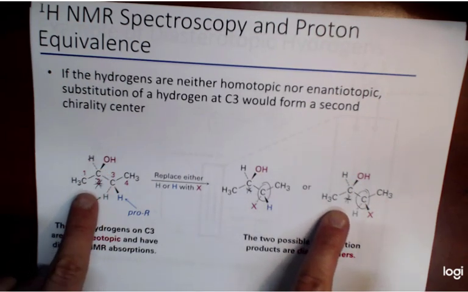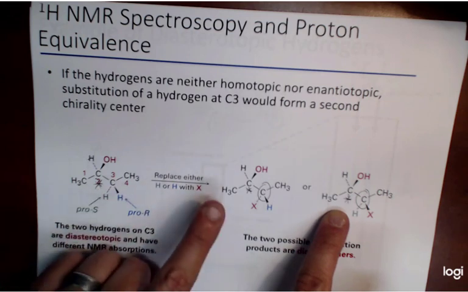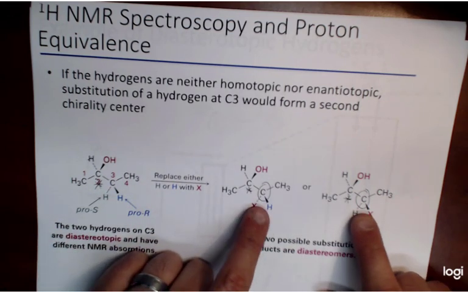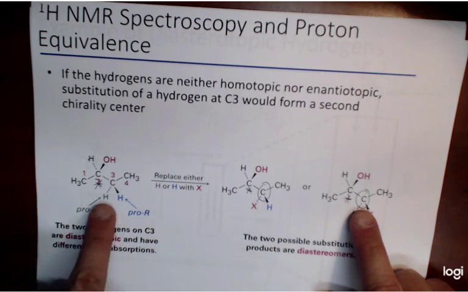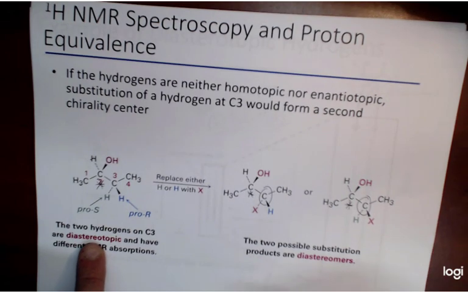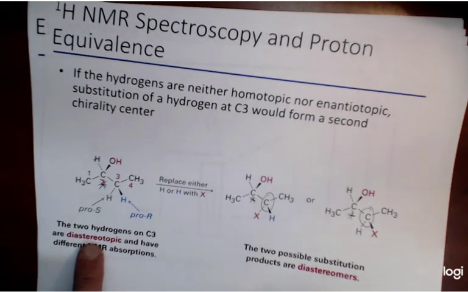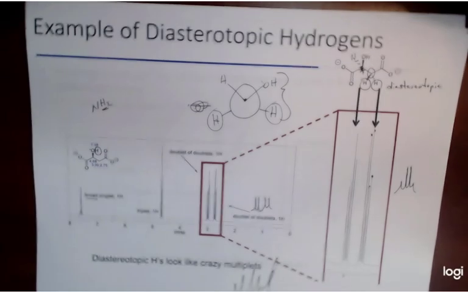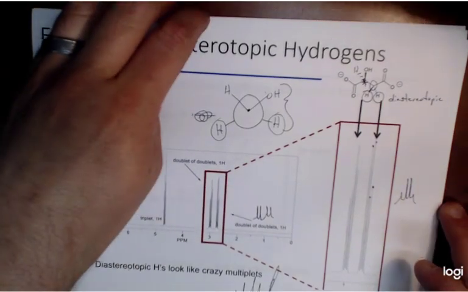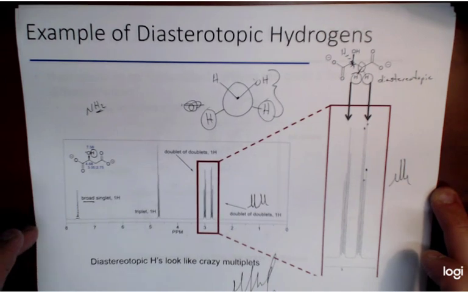So that tells us that the first chiral center at C2 didn't change, but we have the possibility of getting two different absolute configurations at C3. So we've created a pair of diastereomers. So with that, we would consider these two hydrogens to be diastereotopic hydrogens. Right? So good vocabulary to know. Enantiotopic and diastereotopic.